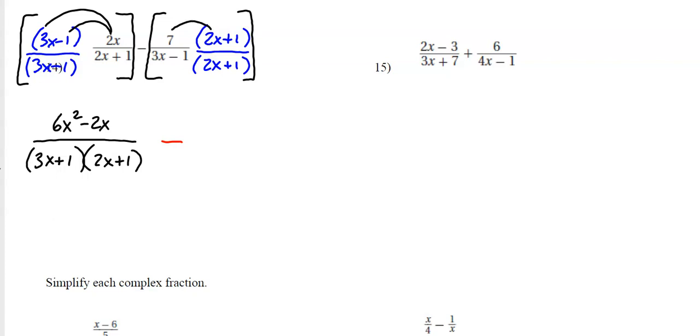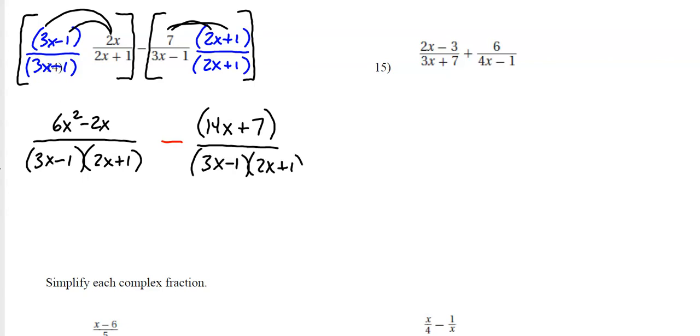Over here, when I do this side, I have 14x plus 7. I'll put that in parentheses because the subtraction is going to be important there. On bottom, I'm just going to keep it the same. And looks like over here, I kind of screwed up. That was a minus. So 3x minus 1, 2x plus 1.